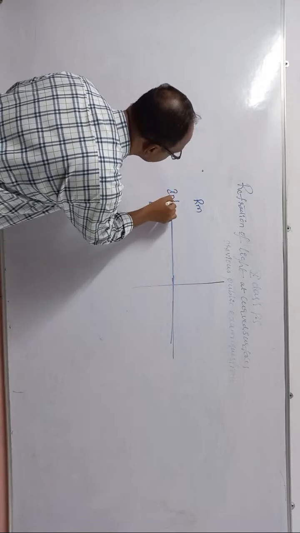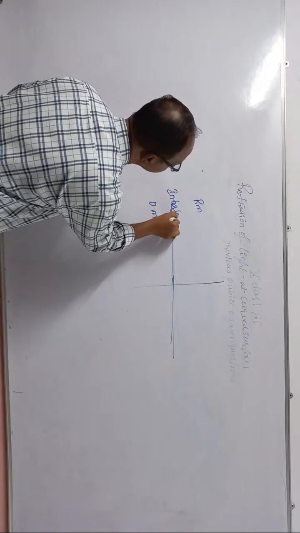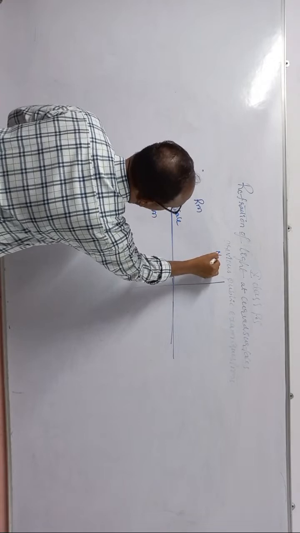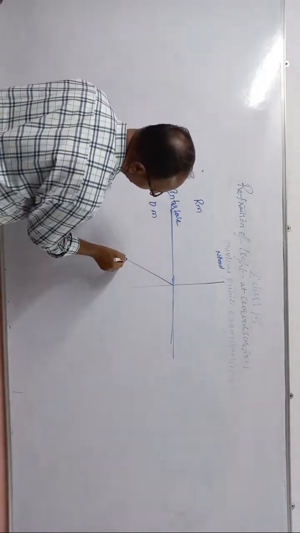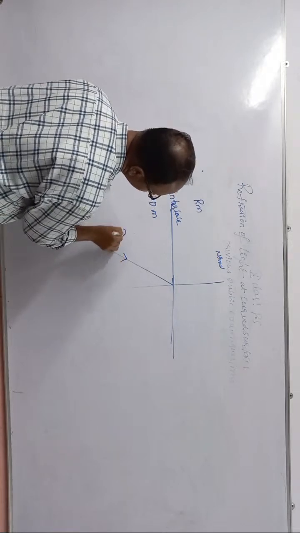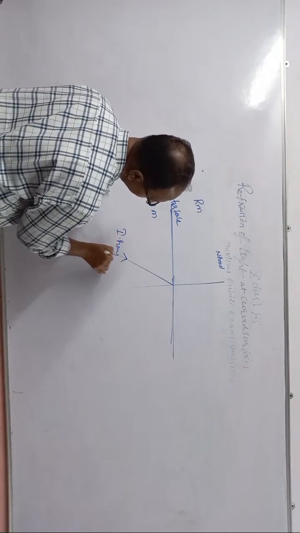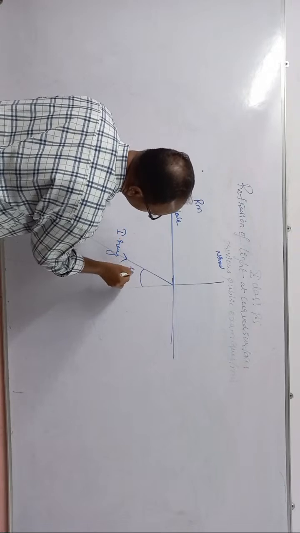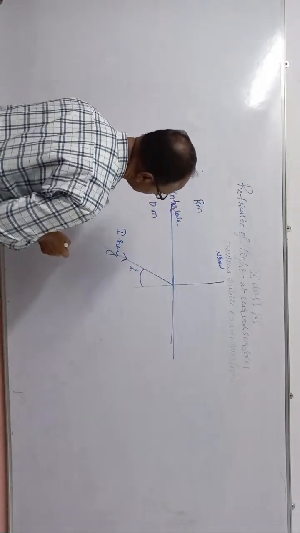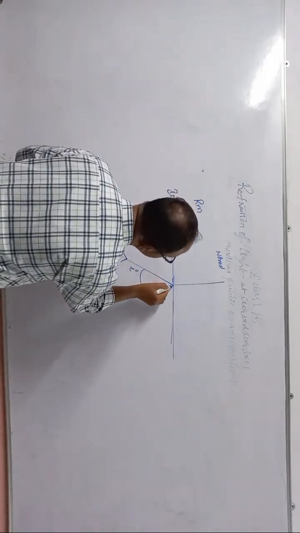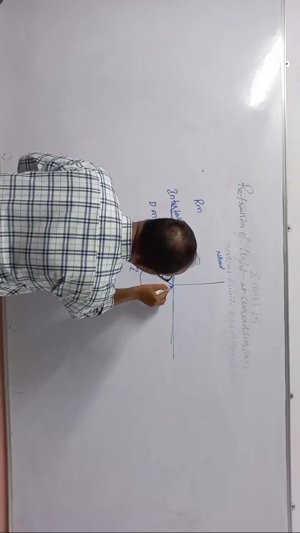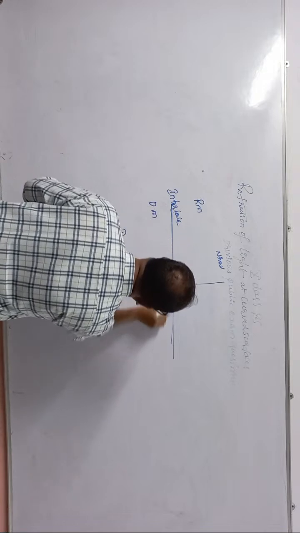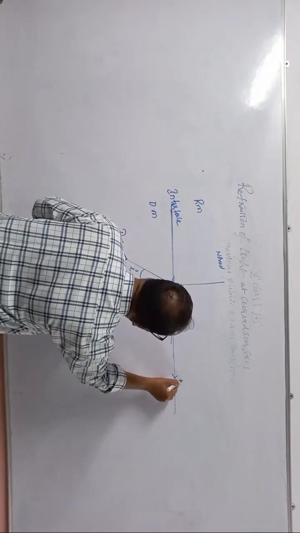It is an interface between two media, and this is the normal. And for example, it is an incident ray. This is called the incident ray, and this is called the angle of incidence. But in this case, from the point of incidence on the interface, it travels along the interface, so this is called the refracted ray.